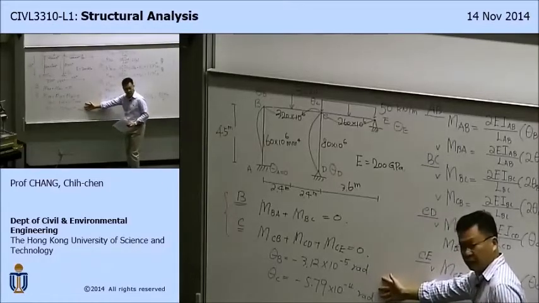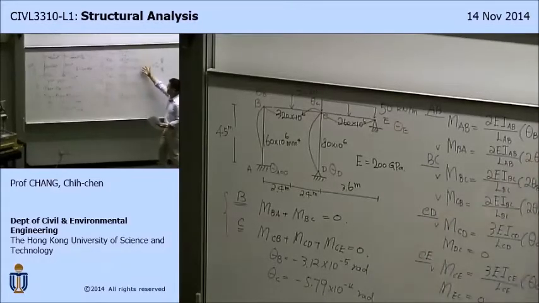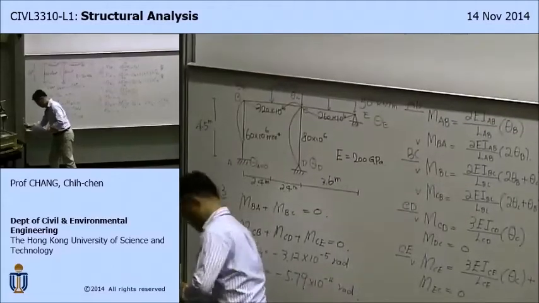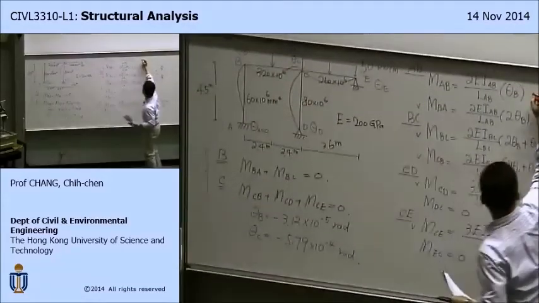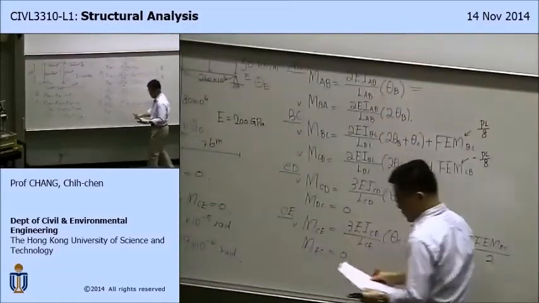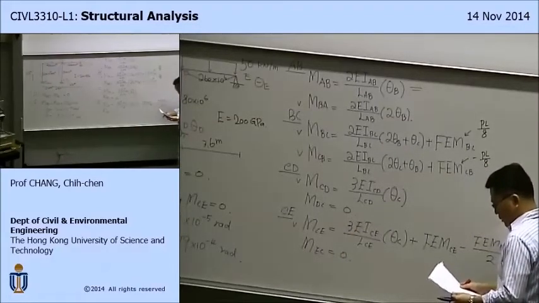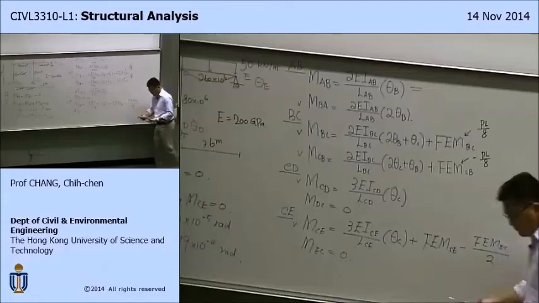You take these two values and start to plug them into the moment equations. So plug them in, substituting properties, geometry properties of the materials. Then you will start to get the end moment values.